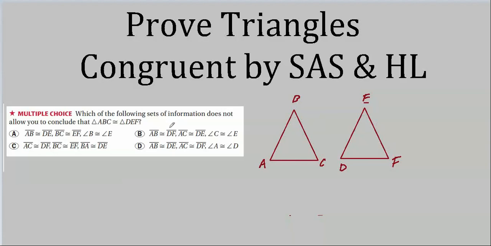AB is congruent to DF. Maybe congruent to DF, okay. Yeah, just mark it to show that they are okay. AC is congruent to DE.